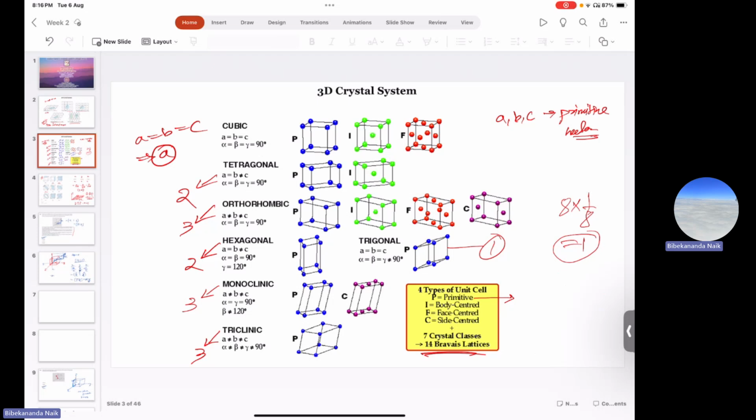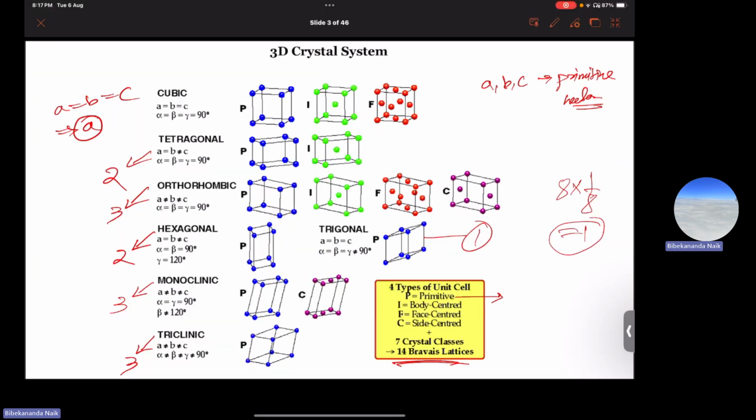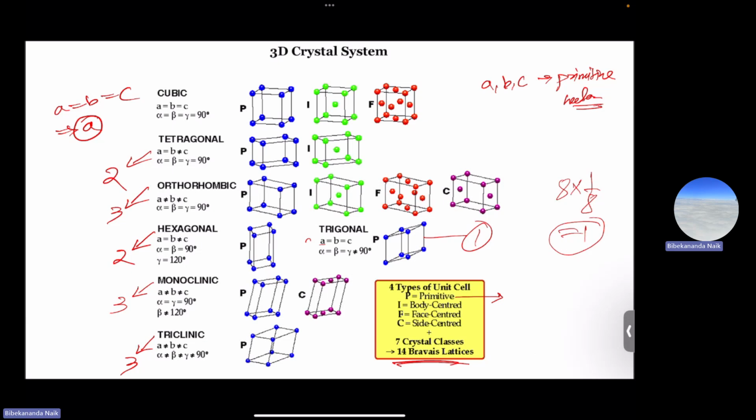Then for rhombohedral, a equals b equals c, that is trigonal, but alpha equals beta equals gamma not equal to 90 degrees. But since alpha, beta and gamma all are equal, we can take it as another lattice parameter, that is a and alpha. So this is a, b and c one, then alpha, beta, gamma one, so there will be 2. So in case of trigonal, tetragonal and hexagonal, we have two lattice parameters.